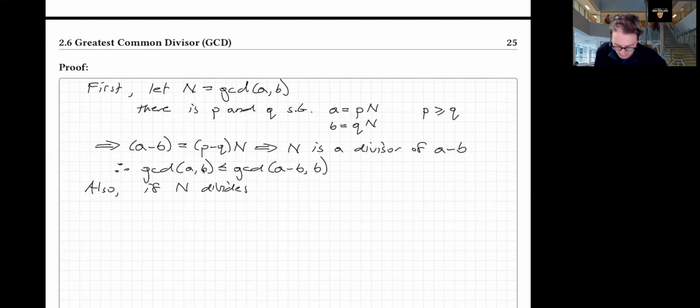divides A minus B and B, so let me actually call this.